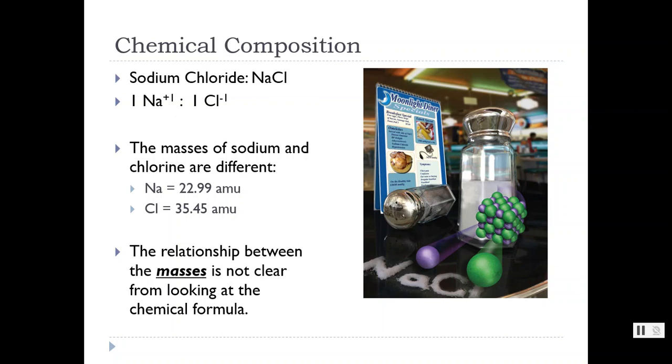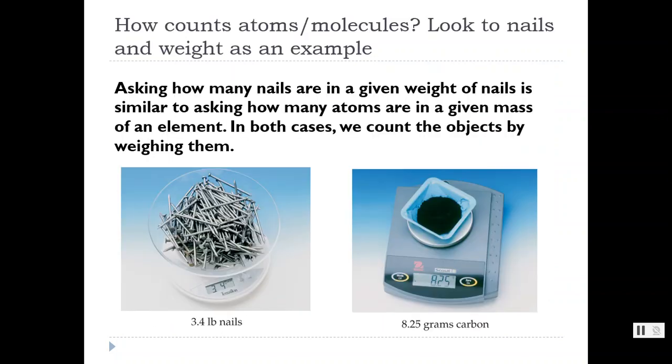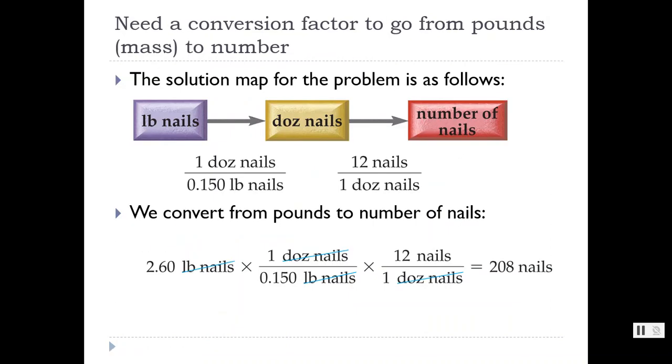These next 2 slides, I'm going to let you read on your own. They are just background to introduce a way of counting species based upon a mass, using this example of nails.